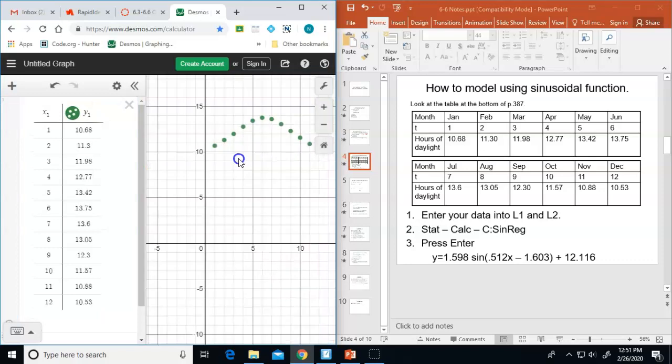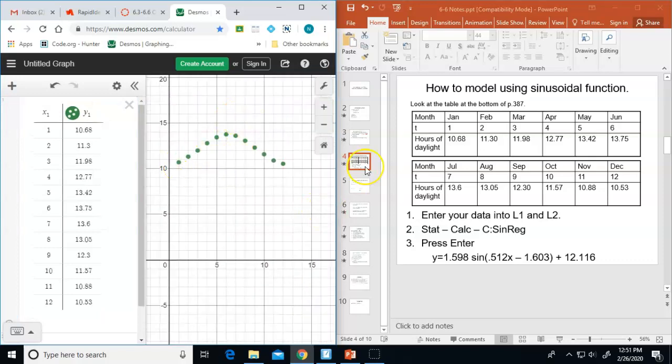And one thing I like about this is, look, it's already graphing all those points as you type them in. Like on the calculator, you have to go to a separate window, and you have to have your stat plots on, and do all of those things. So I'm going to walk around and make sure everybody's able to get that to work.